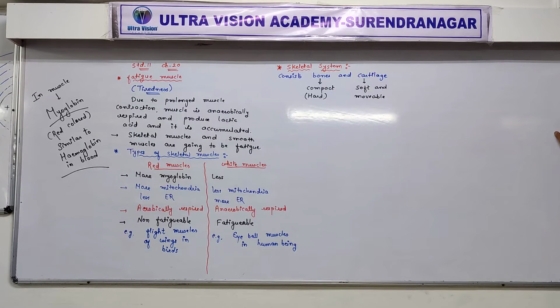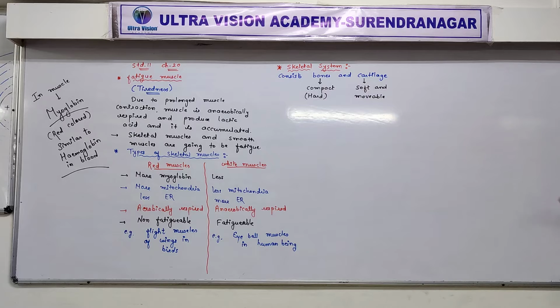Gradually, when nutrition is taken, calcium and phosphorus are accumulated in the muscles and bones, and gradually the bone becomes compact, becomes hard and able to bear its weight. Then and then the child is able to move or locomote.